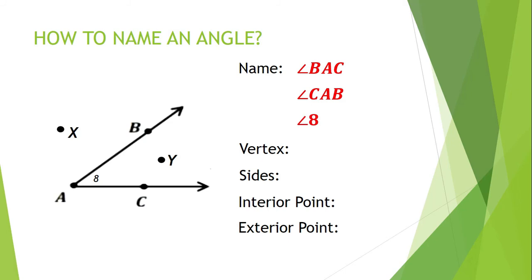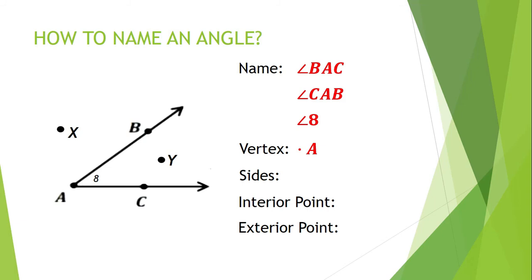As long as the vertex is in the middle. It can never be angle ABC or angle CBA, because the point in the middle should always be the vertex. And your vertex now is point A.